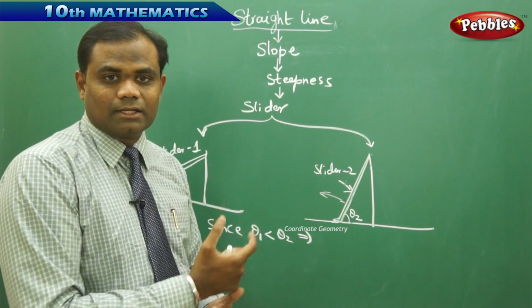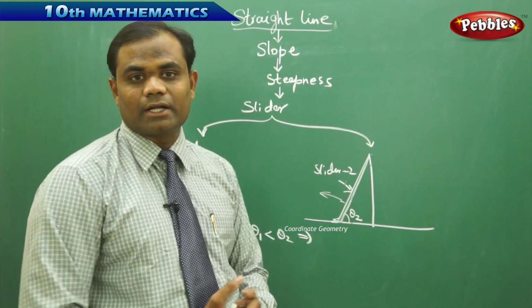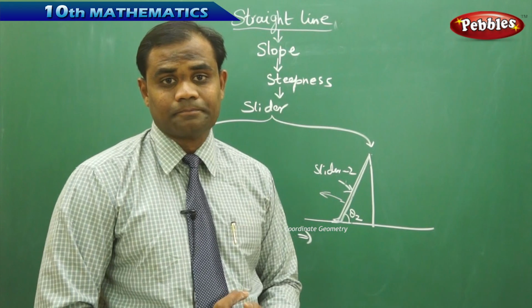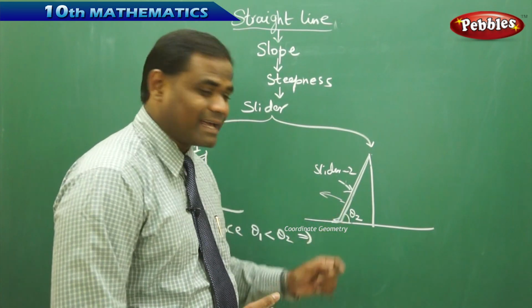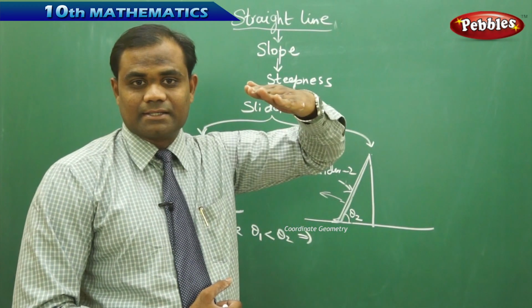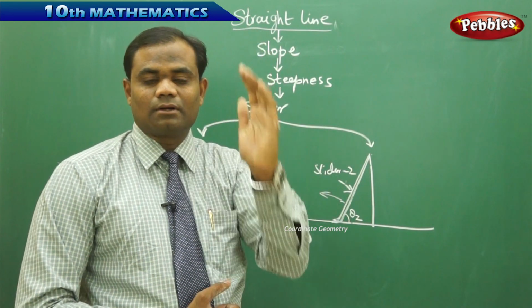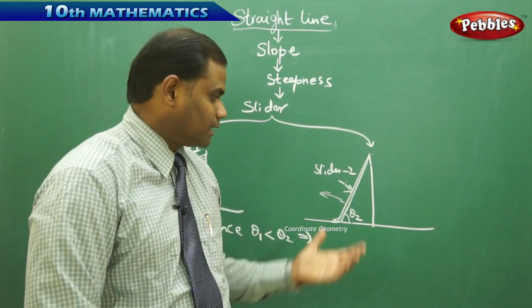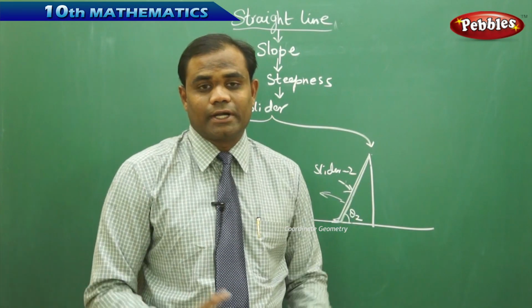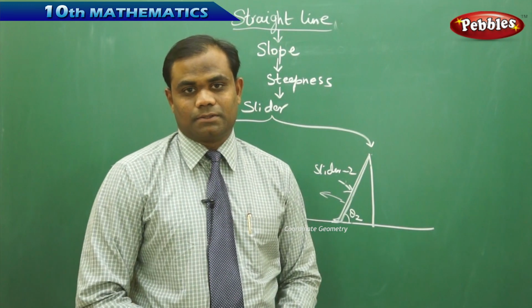So in similar manner, if I consider the slider to be a straight line on an xy coordinate system, then the steeper it is, the more the slope, or the more the angle made with respect to the x-axis, we say the steeper or the greater the slope of the given straight line. That is how we connect the slider with a straight line in mathematics.